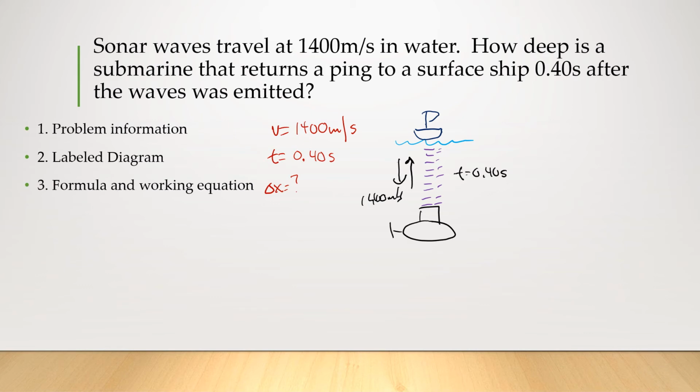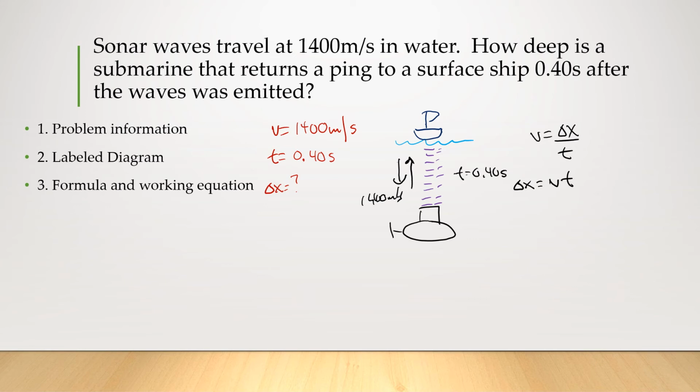Now our formula and working equation. We want to solve for delta x. So our working equation is our equation that we usually have been given, velocity equals displacement over time, delta x over t. We want to actually solve for delta x. So isolating algebraically, delta x equals v times t.